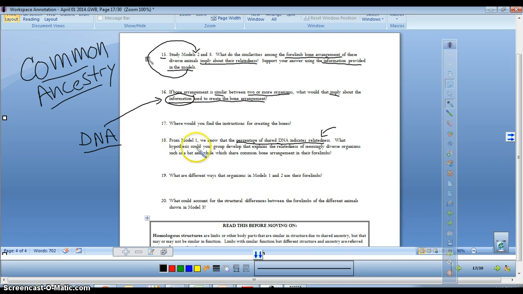What hypothesis could your group develop that explains the relatedness of seemingly diverse organisms such as a bat and a whale, which share common bone arrangements in their forelimbs? You're not in a group, so really, what hypothesis could you develop that explains the relatedness of seemingly diverse organisms which share common bone arrangements?